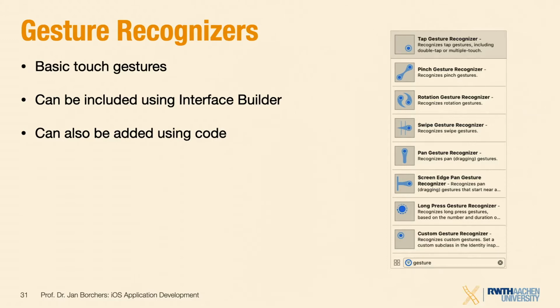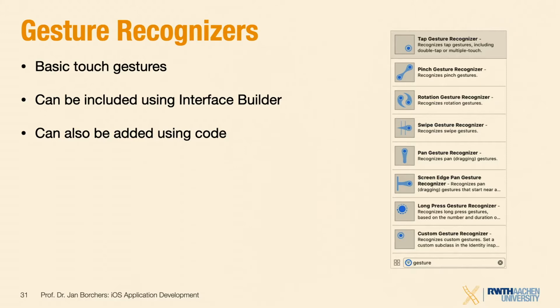You don't need to figure out how to differentiate between that swipe and that drag that we talked about last time. You can just bring these gesture recognizers in using Interface Builder. You can also add them using code if that's more your thing. So really something that you don't need to do yourself either way.